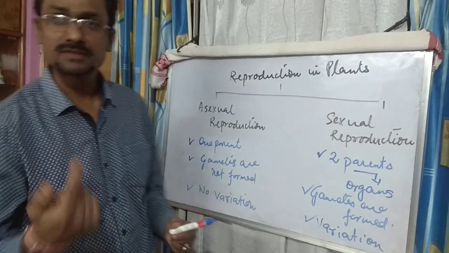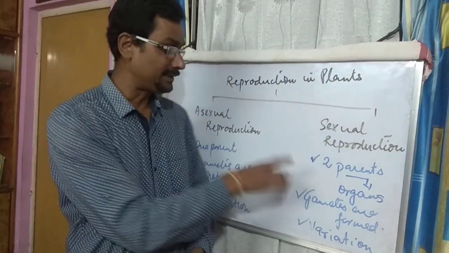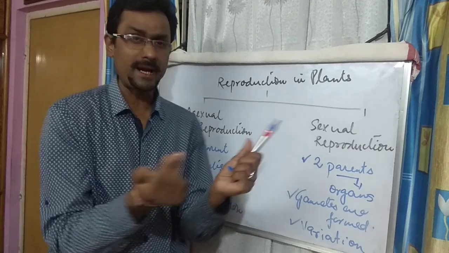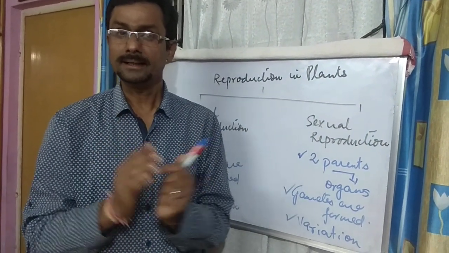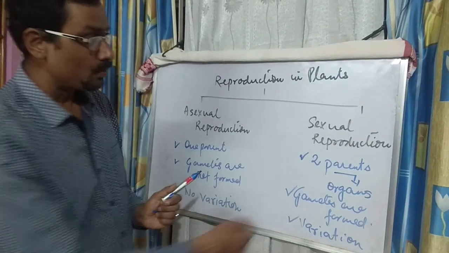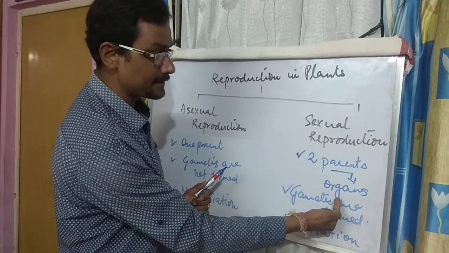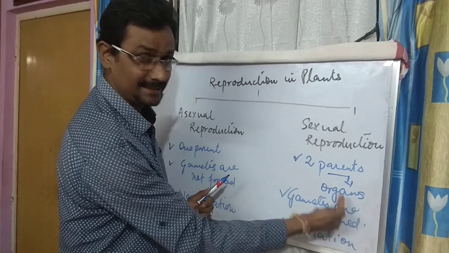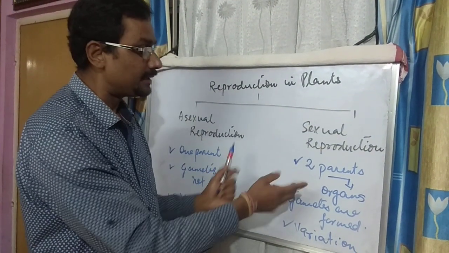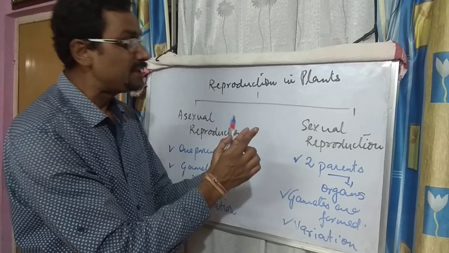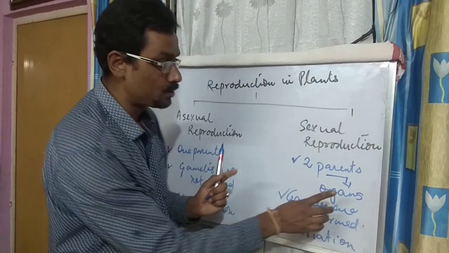Because it occurs from one parent. Why is there variation? Because two parents are contributing in the formation of an organism. Here, I need to specify it. We are using two organs. When two organs are there, definitely, we can tell the need of uniting of two units coming from the two organs.